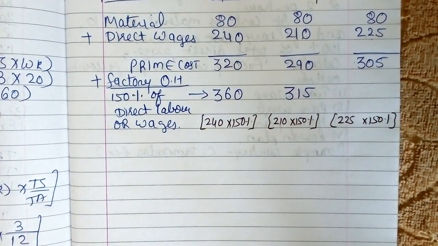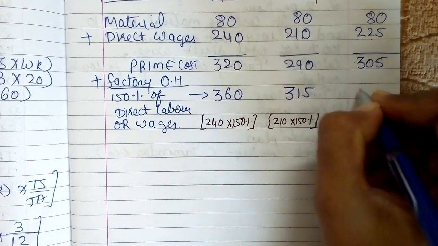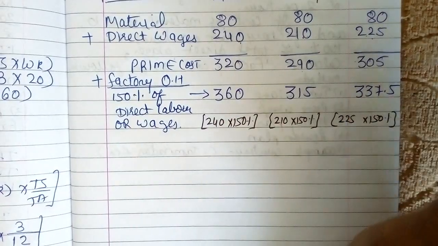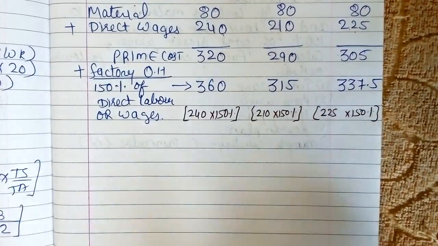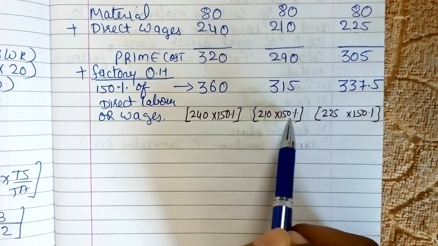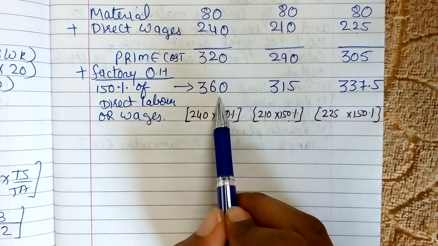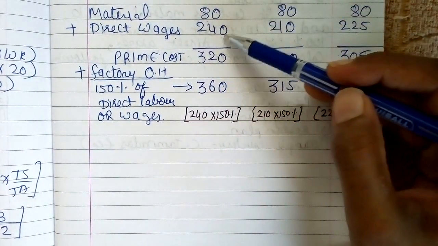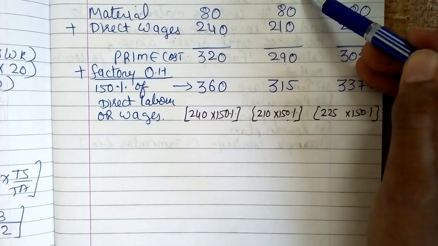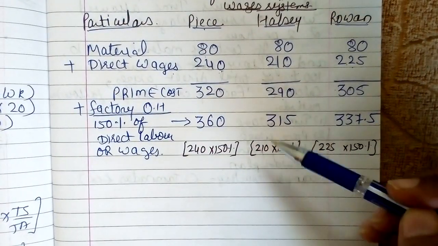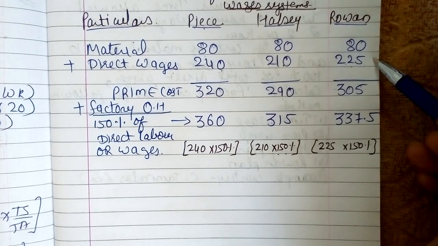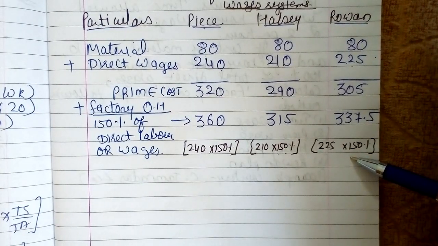So that would be 225 into 150%. So 337.5. Right? Whatever will be the wages, we need to take 150% of the same. Okay, so 240 into 150, 150% of the piece wage wages, 150% of the Halsey plan wages and 150% of the Rowan plan wages, like this.